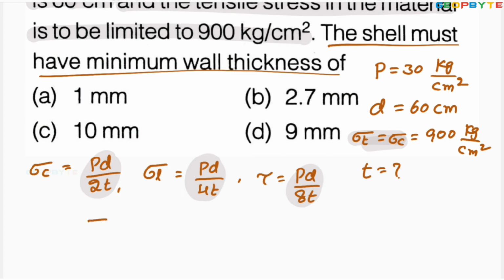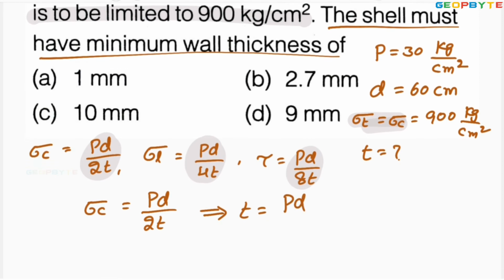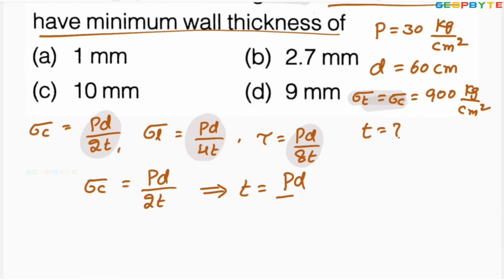Now this circumferential stress equal to PD by 2T. From this you can write that the thickness equal to PD by 2 times the circumferential stress. Let us put them: P equal to 30, diameter 60, divided by 2 times 900.